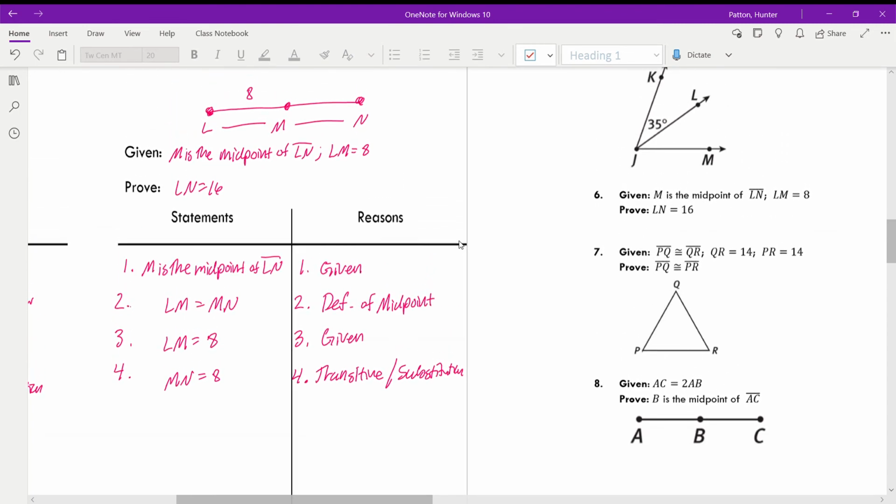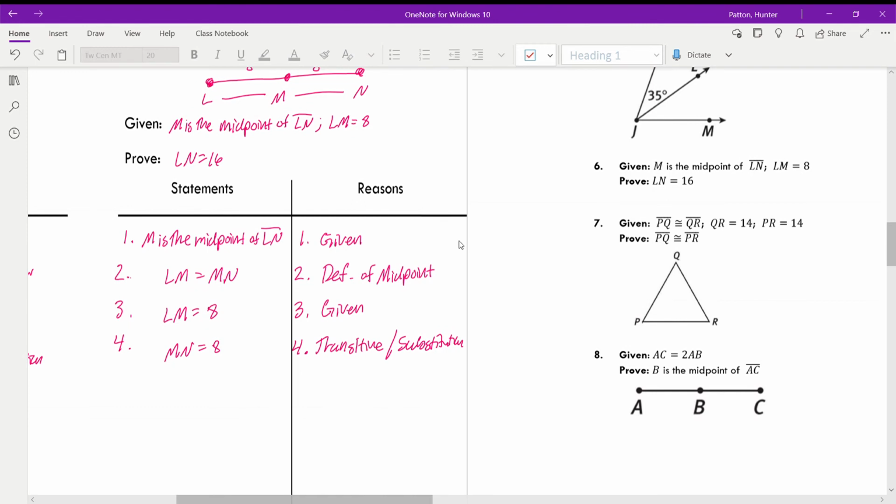If MN is equal to 8, what do we know about the whole thing, LN? LN is just equal to LM plus MN, correct? So I can say that LM plus MN equals LN.